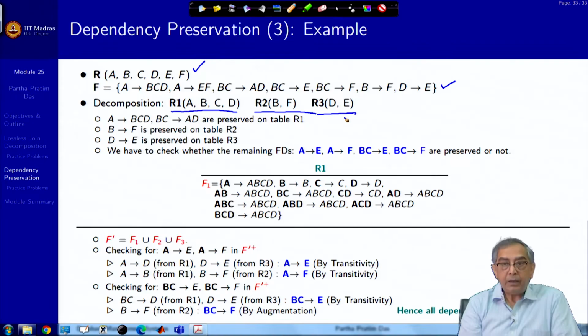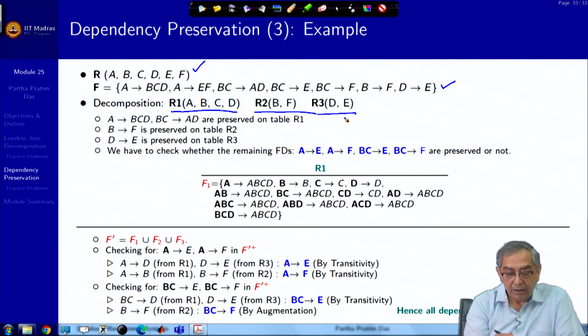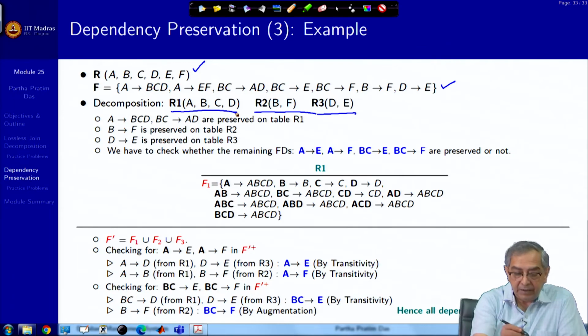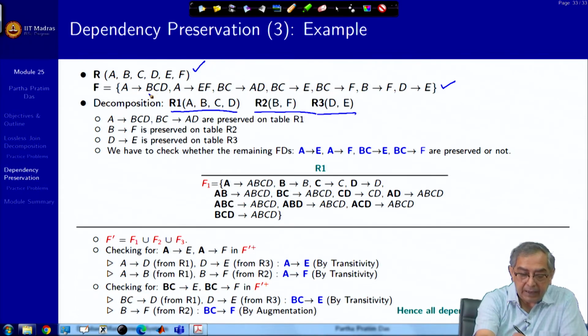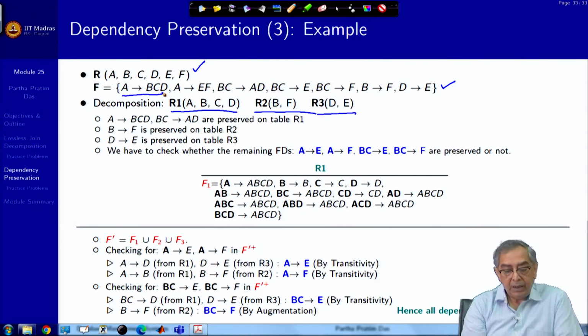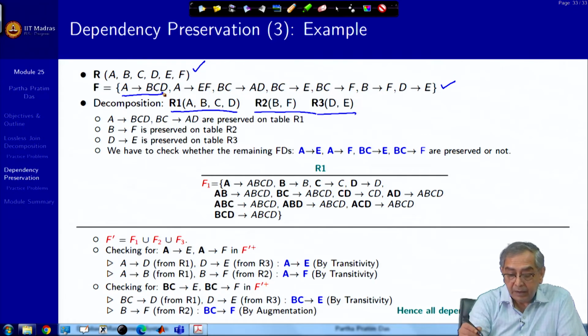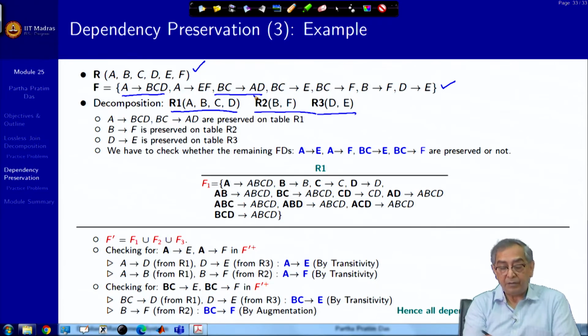Now, if I make some observations, obviously this has A, B, C, D. So, I can say that this one will be preserved in R1, and B, C, A, D will also be preserved on R1, that is the first.